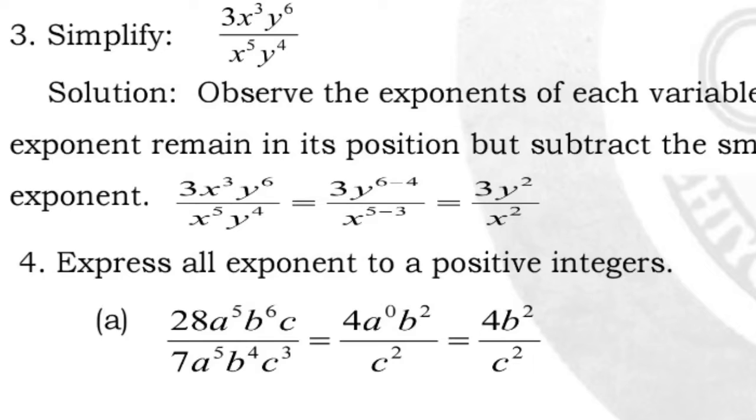So you're going to have x raised to the power of 5 minus 3. Okay? 5 minus 3. Then for our answer, we're going to have 3 times y to the power of 6 minus 4, that is 2, so 3y squared. Then for the denominator, over x to the power of 5 minus 3, that will be x squared.